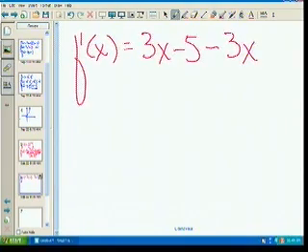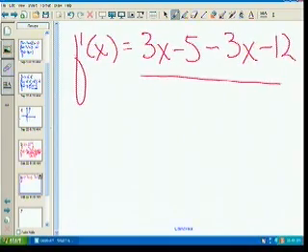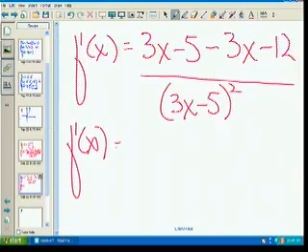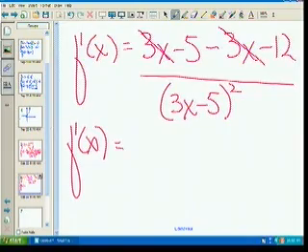Right. And that gets subtracted as well. Over 3x minus 5 squared. And in the numerator, what happens? They cancel out. Okay, 3x minus 3x knock each other out. Minus 5 minus 12. Negative 17.